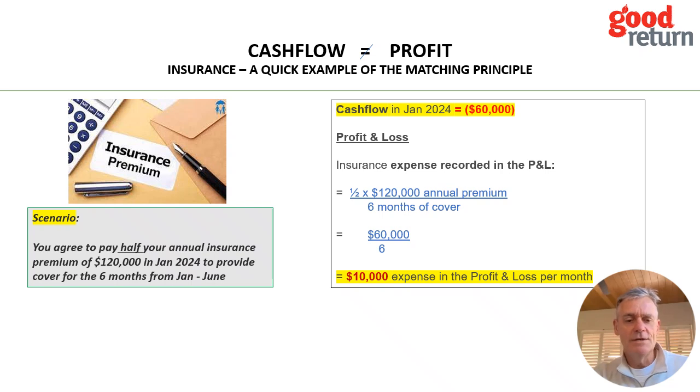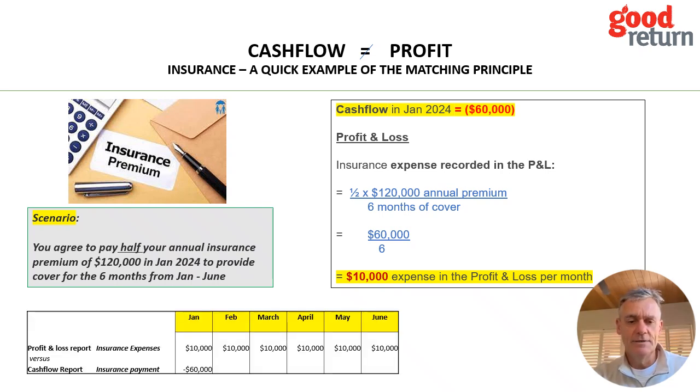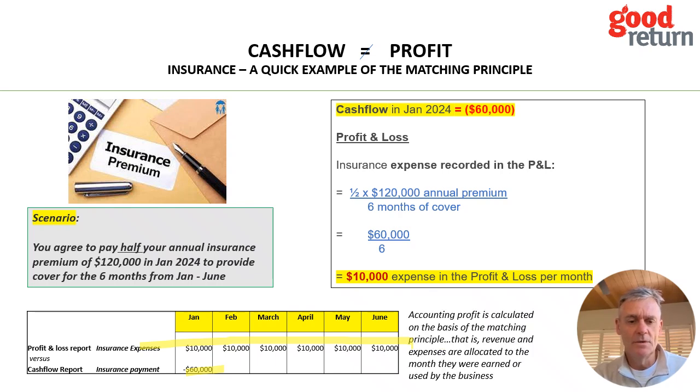So the way it shows up in our financial reports is that the cash flow is $60,000. I'll just highlight that for you down here. Whereas the expenses are recorded in the profit and loss statement as $10,000 each month. So that's that $10,000 per month. I hope that's clear to you all.